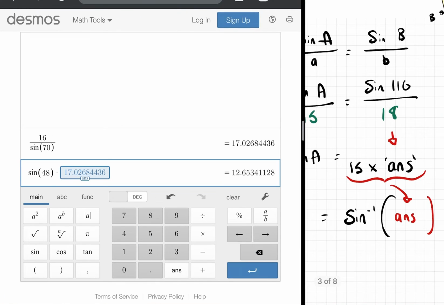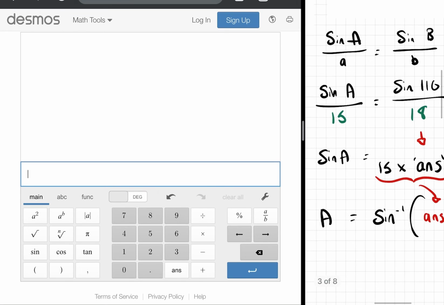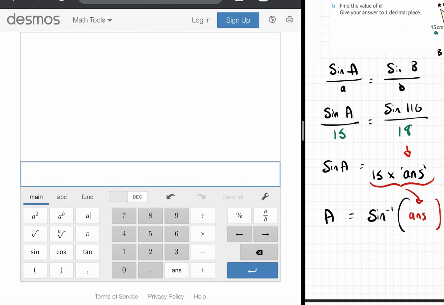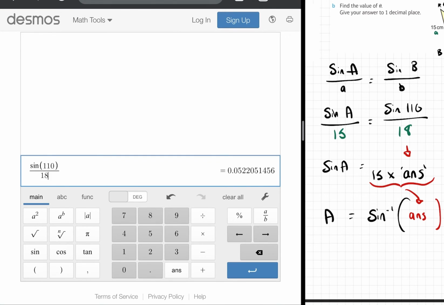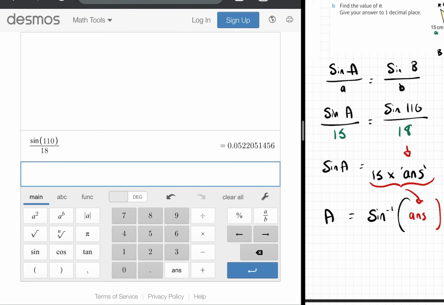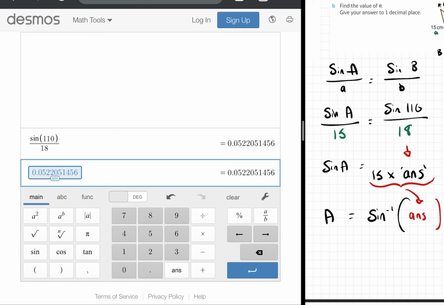So, clear all of this. Firstly, I'm going to type in sine 110 divided by 18. Great, so we got 0.05, and that's what we were looking for here. This answer here is 0.052 and so on. Now, take that answer and times it by 15.